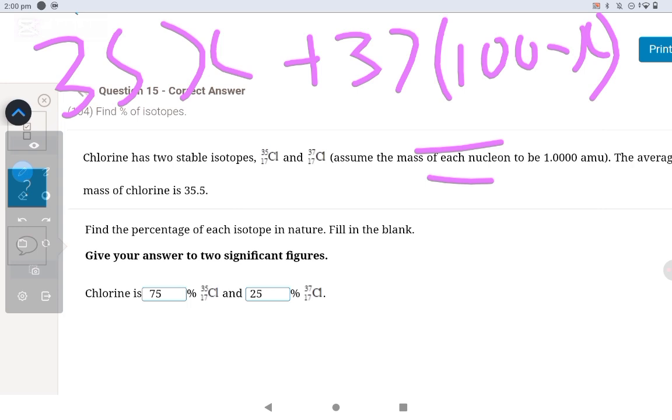Because we had that as a fraction, 35.5 times 100 will be 3550.